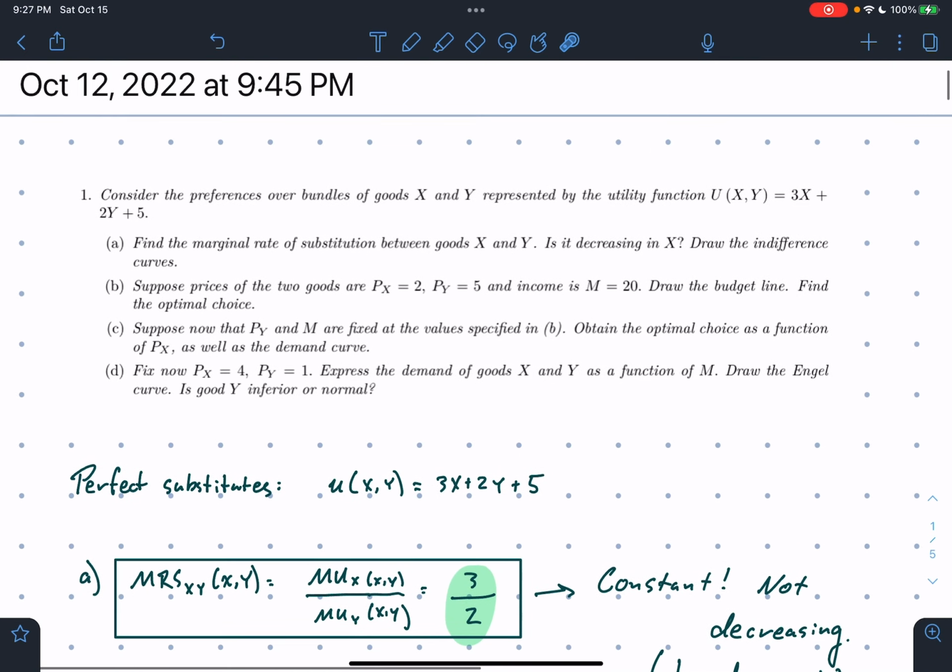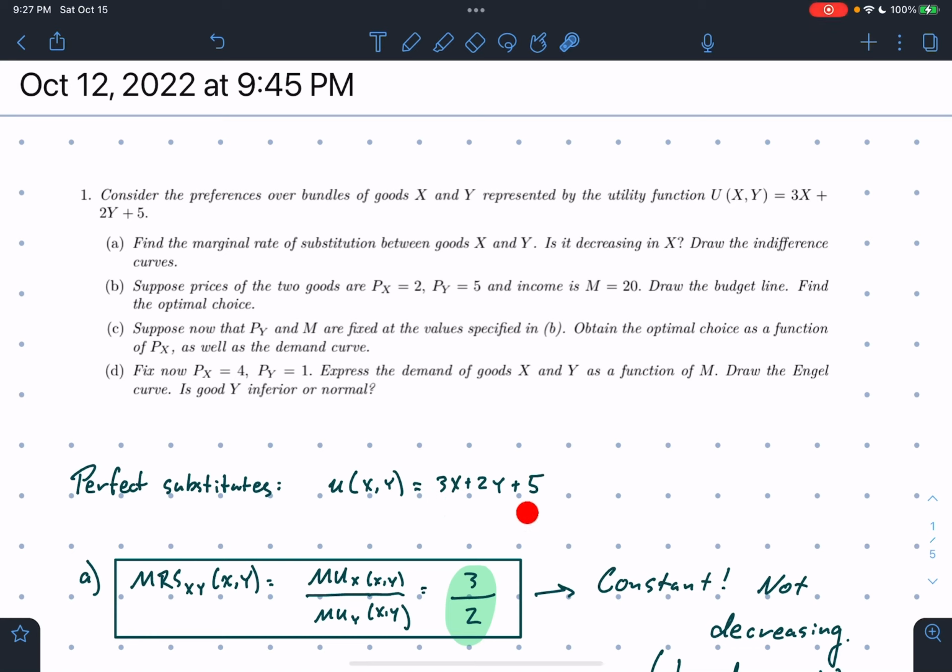So what does that mean? When we're finding the marginal rate of substitution, which is defined as the marginal utility of x divided by the marginal utility of y, when we take the partial derivatives of the utility function, this is going to be 3 over 2. Because the partial derivative of this with respect to x is just going to be 3.